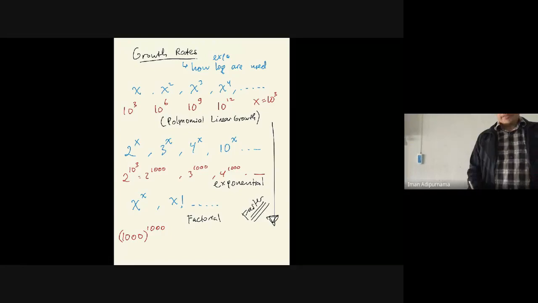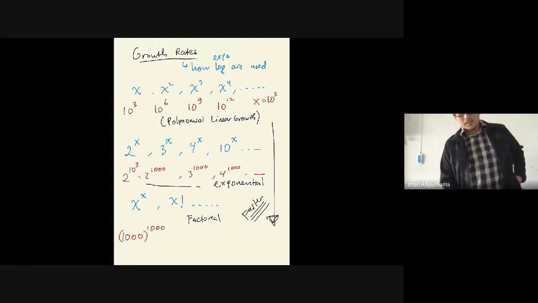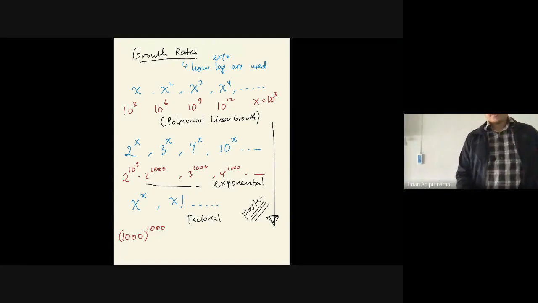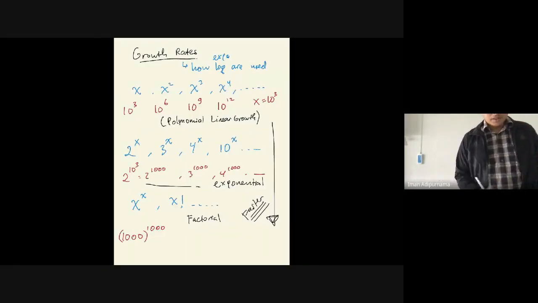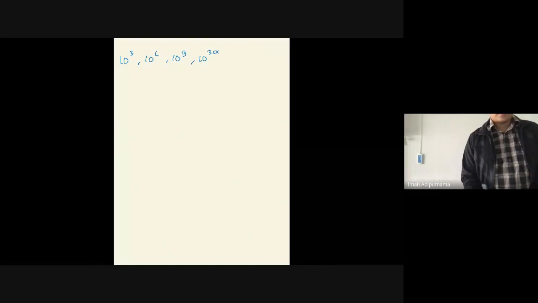So if you have these crazy numbers here, the easiest way to write or to analyze is this. Like for example, I have 10^3, 10^6, 10^9. Let me write 2 to the 1,000 as around 10^300.